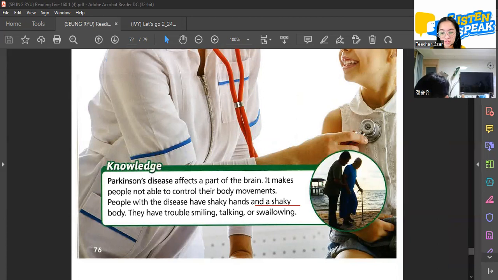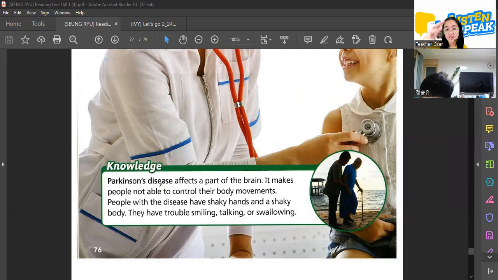If someone has Parkinson's disease, it affects some part of their brain. Those people who have this disease are not able to control themselves. That's why they sometimes have shaky hands, and they can't control it or stop it.